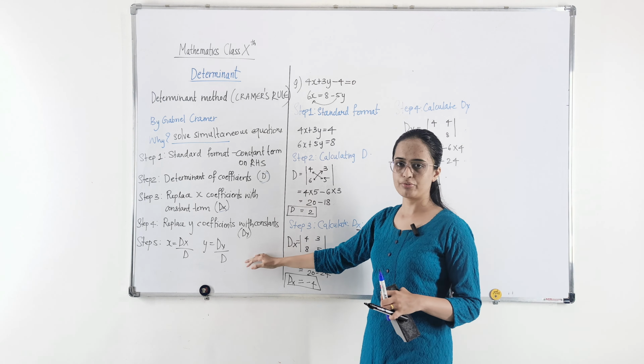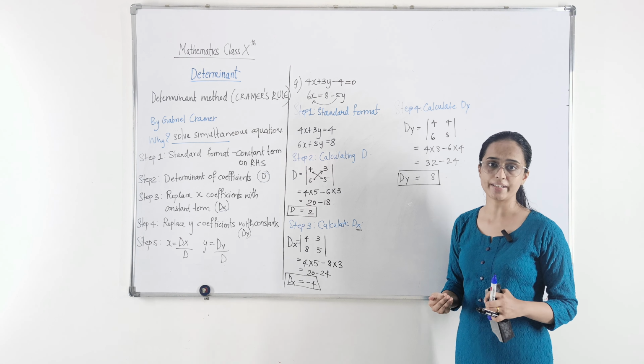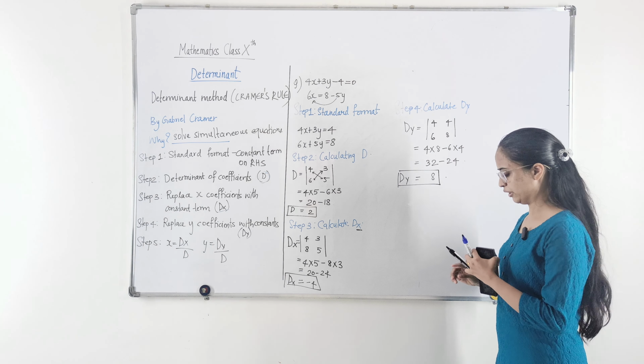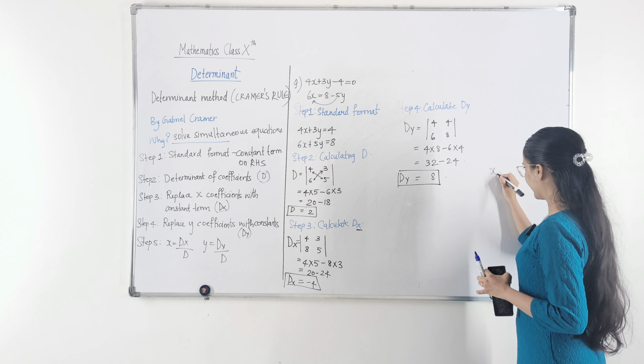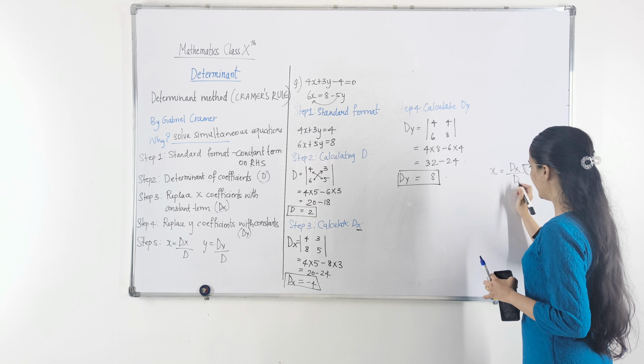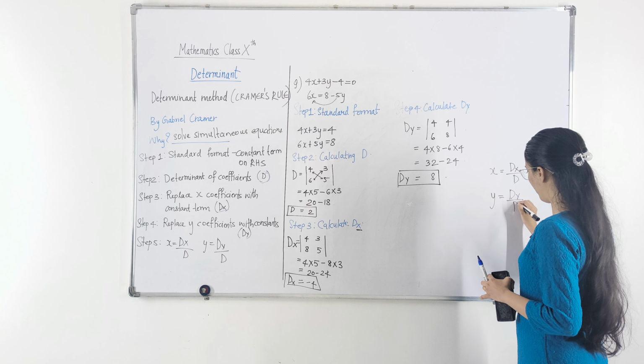Now what is step number 5? Now that we have calculated all these values and our aim is to get the values for small x and small y, we have formulas using these values. The formula for the x value is capital dx upon d, and the value of y is capital dy upon d.